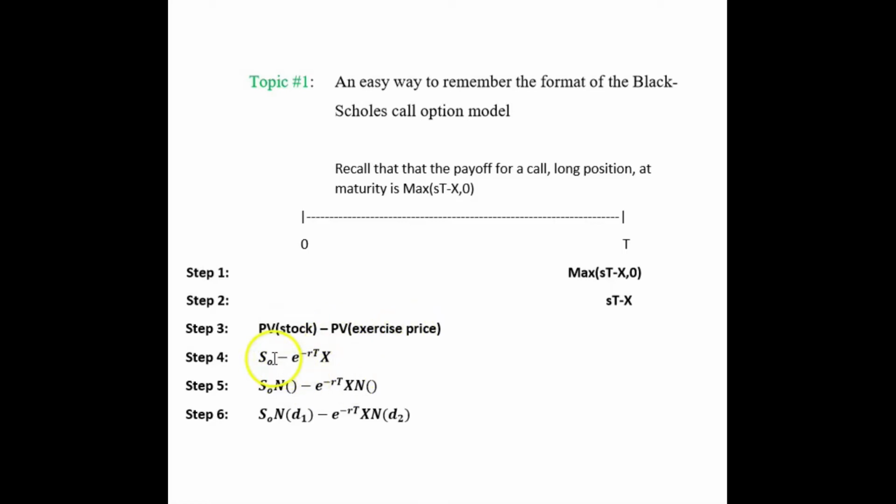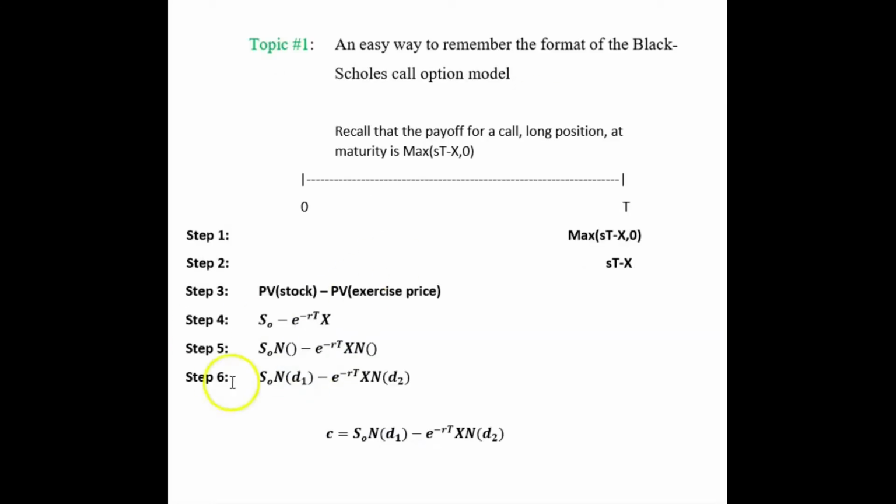The present value of stock is simply S0, today's stock price. This is the discounting factor e to the negative RT. This is the exercise price. In the next slides, I'm going to explain this one, continuous compounding rate.